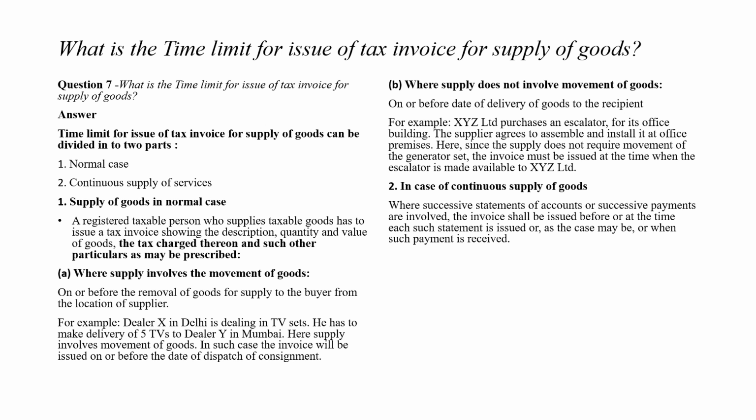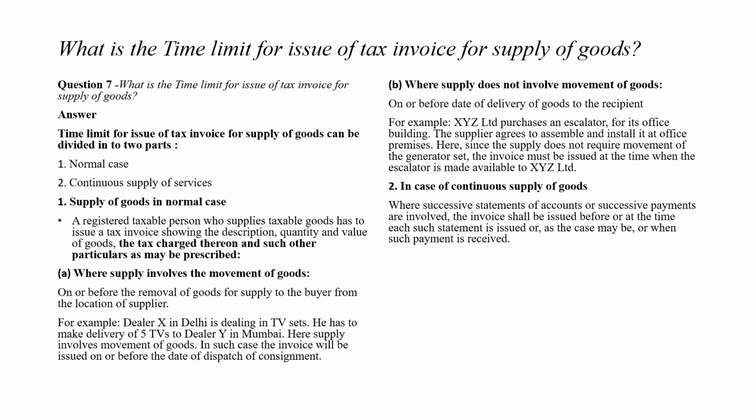Next, part B is where supply does not involve movement of goods: on or before the date of delivery of goods to the recipient. So here we are taking an example to clarify this issue. XYZ Limited purchases a generator set for its office building.